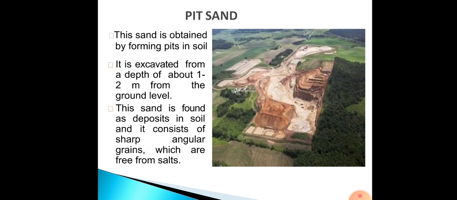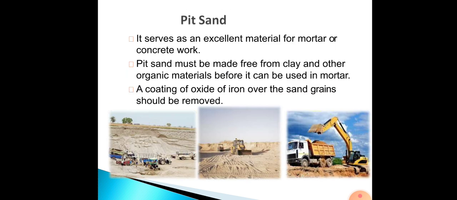And normally the sand that is found as deposits in the soil consists of sharp angular grains, and they are normally free from salts. So this is a widely accepted type of sand in construction, and it is an excellent material for preparing mortar or even for concrete work.